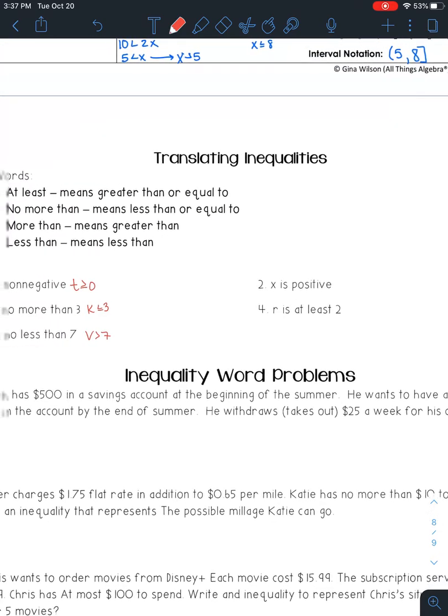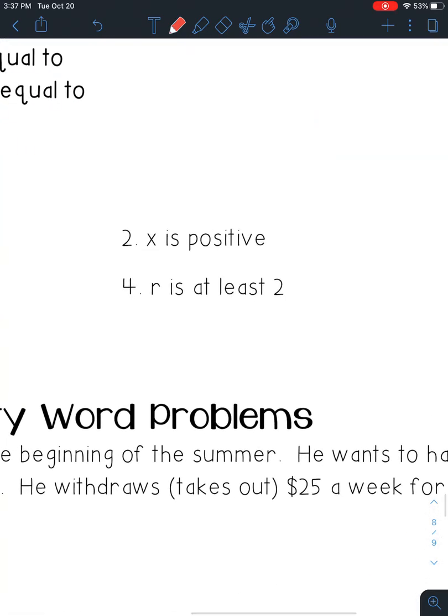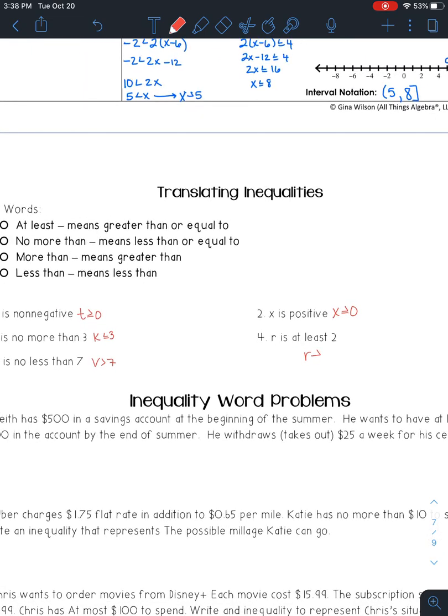So this goes into one that is very similar to what we did for 1, right? So that's going to be X is greater than 0. All of those are positive numbers. Last, R is at least 2. So that means R is greater than or equal to 2.